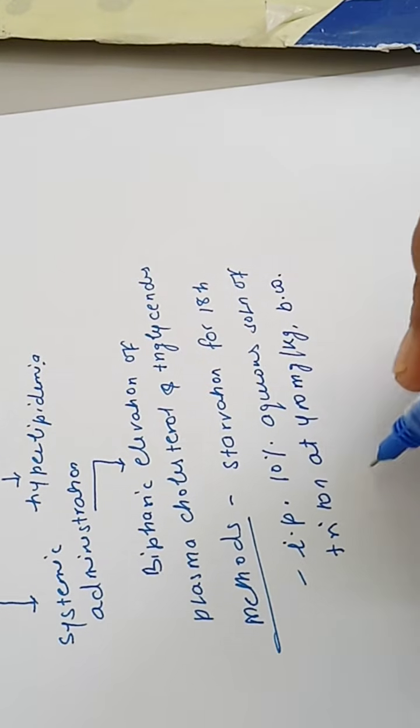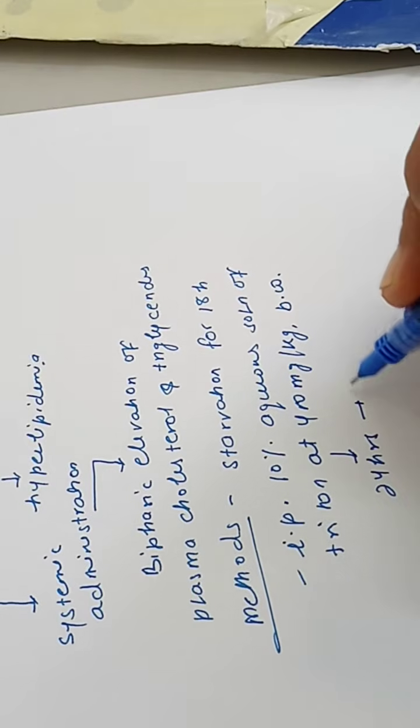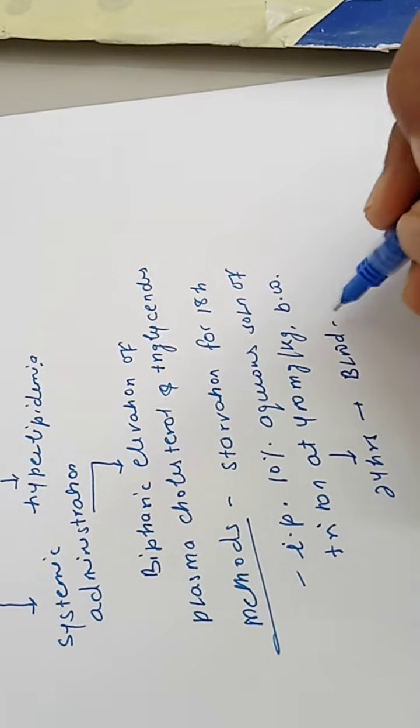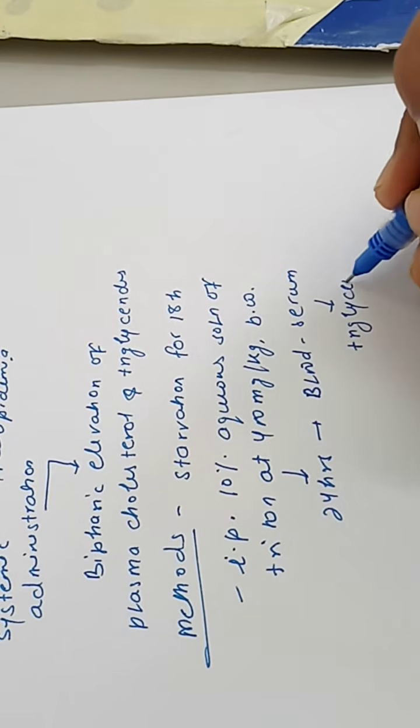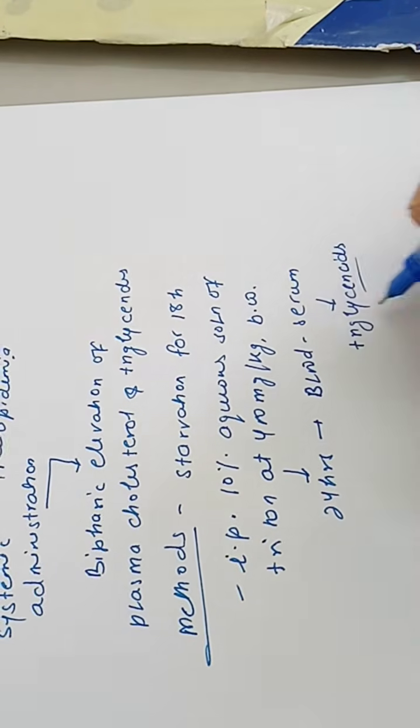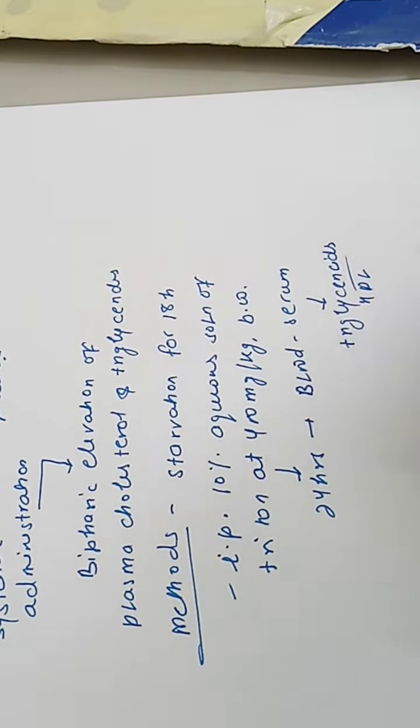After 24 hours, you collect the blood, take the serum, and in the serum measure triglyceride, VLDL, HDL. Their levels will increase. These are the biomarkers for that.